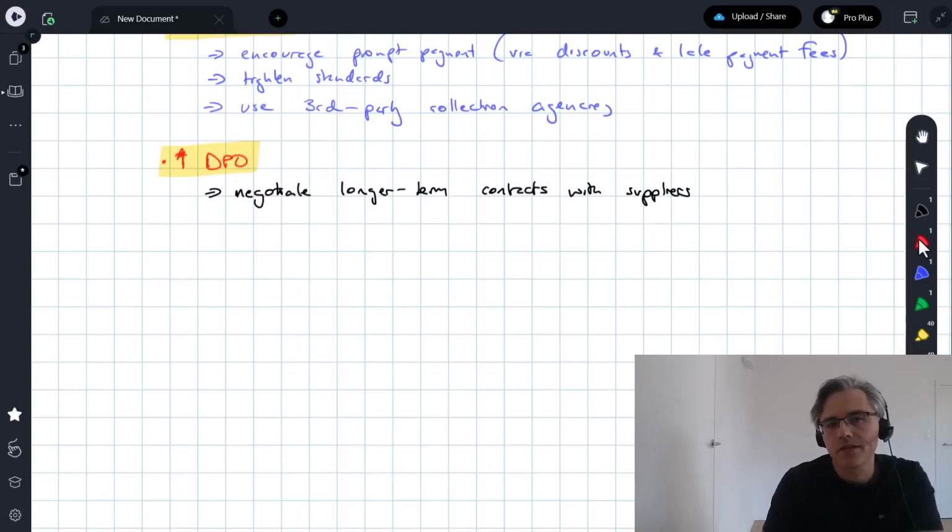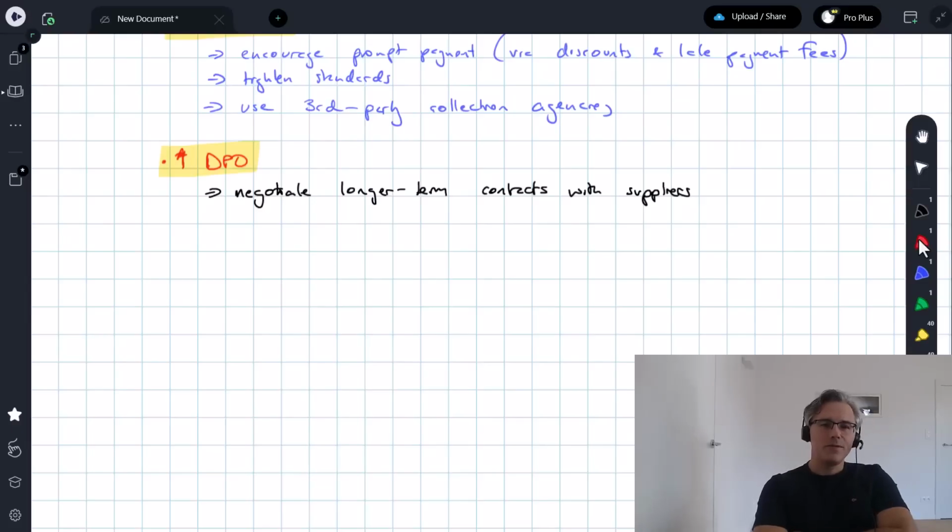However, typically, if you want to negotiate better terms, that is longer payment periods, you'll typically need to order higher volumes, which kind of goes against not holding too much inventory. We mentioned, increase the frequency of supplies rather than reduce it.